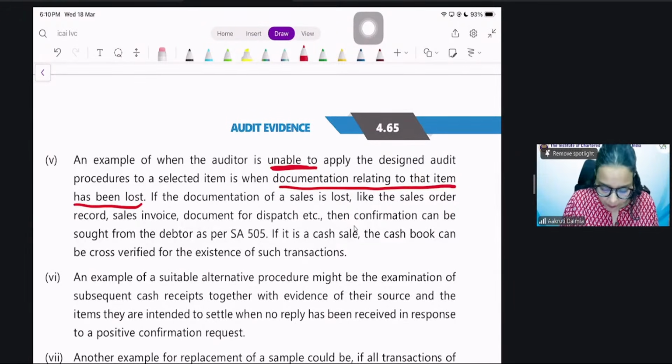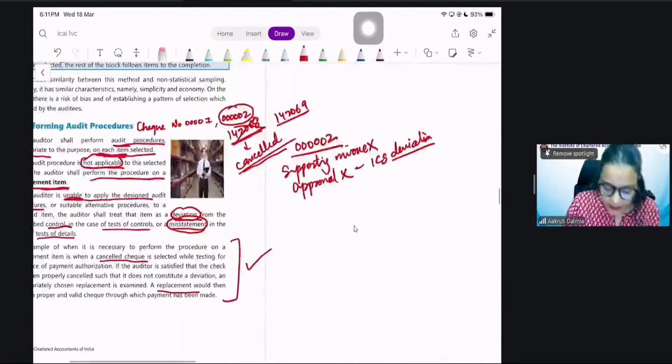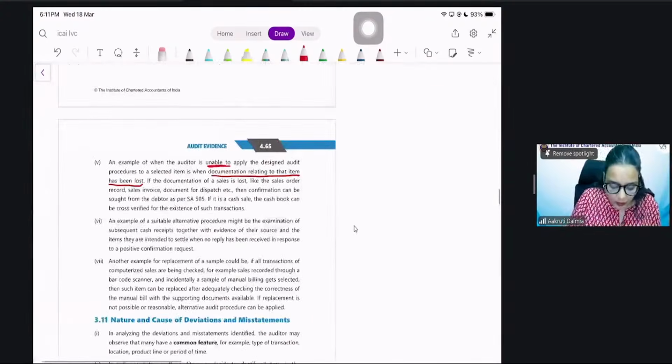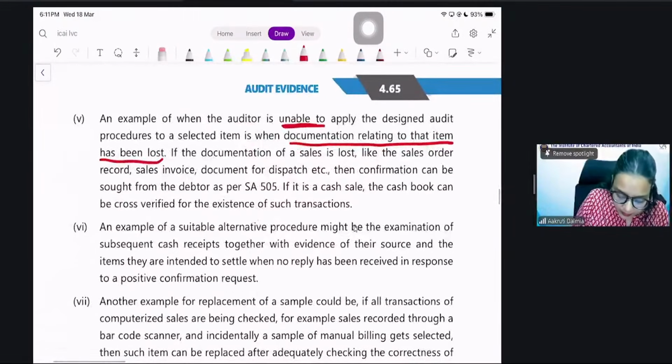Unable to apply, documentation, invoice not available. Thank you, Gayatri. Thank you for listening to me. So yes, documentation not available. The example was this one I already gave you, that the invoice is missing. So if it is not available, it means you can do other procedures.